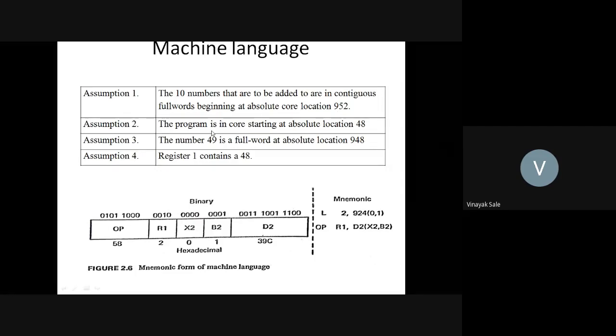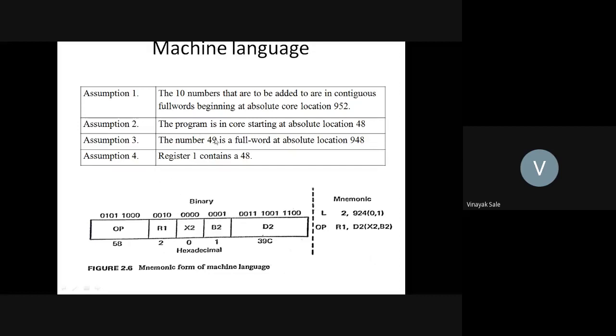So the program is in the core, starting at absolute location 0 to 48, that means a total of 49.